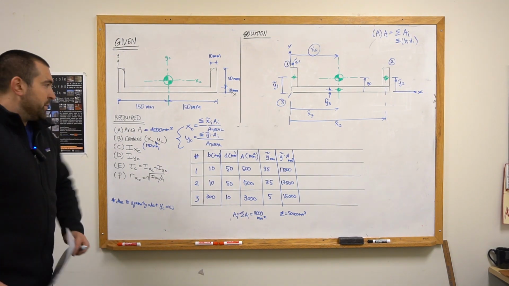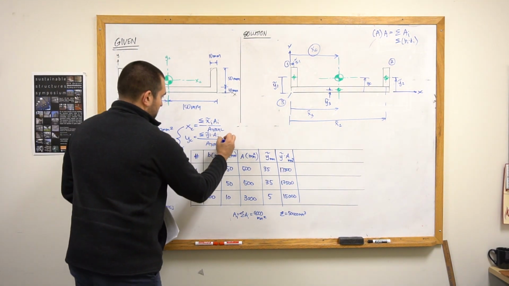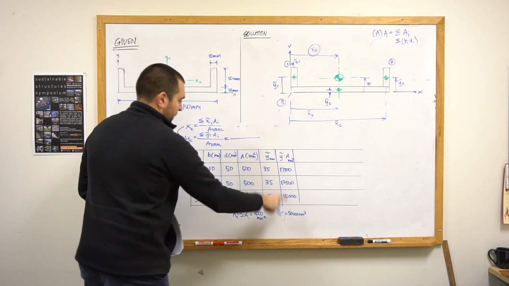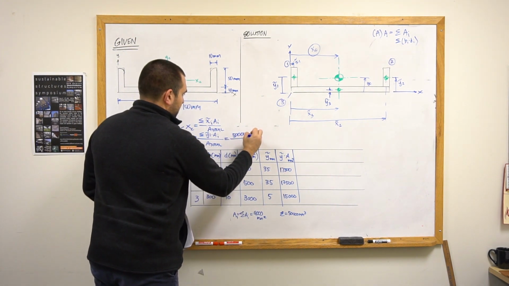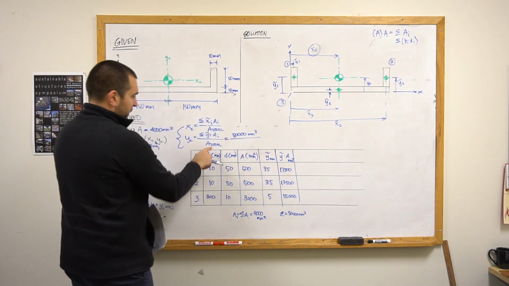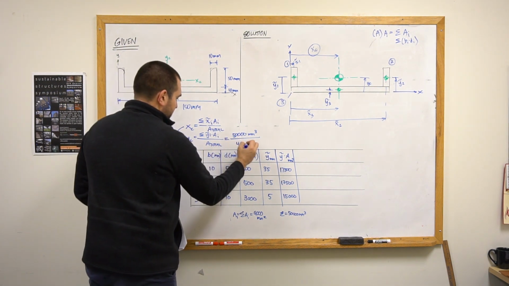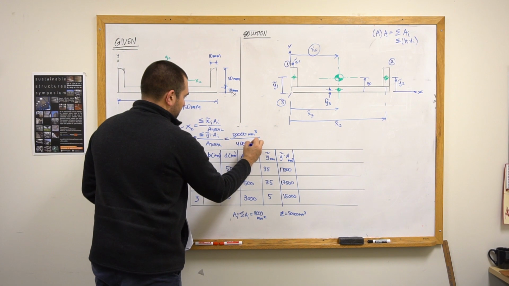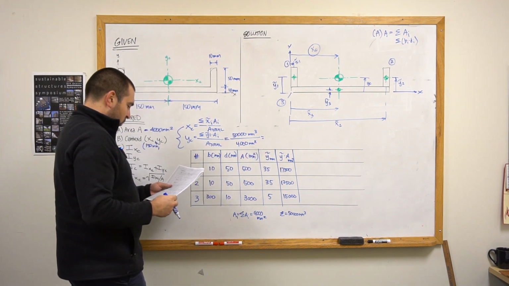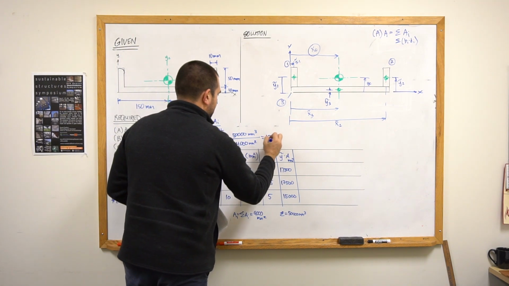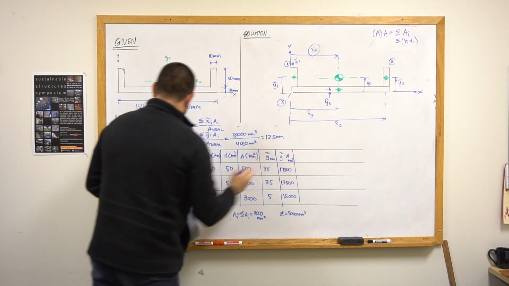So all that I have to do is plug in this number, which is 50,000 millimeters cubed, divided by the total area, which is 4,000 millimeters squared, and I get a value of 12.5 millimeters.